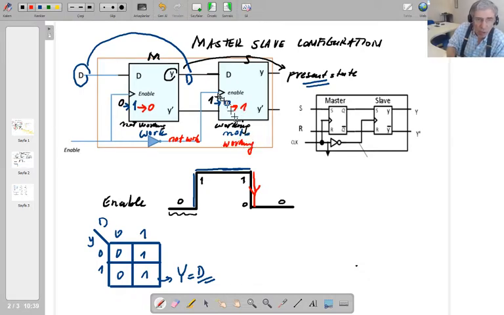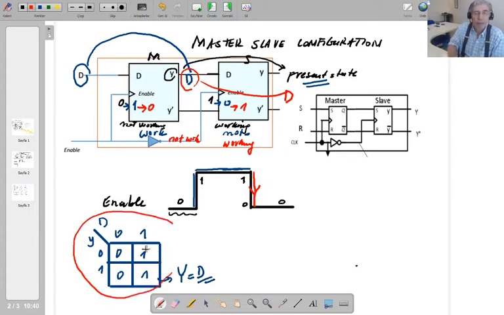When it is working, this D, which has already been transferred from the first one, is going to be transferred to the output. So here I'm going to observe this D input at the output of my D memory element. That is the definition relation of this memory element, isn't it? So what happened is this.